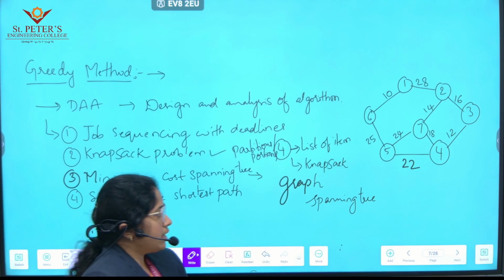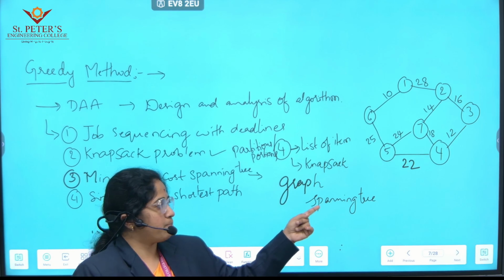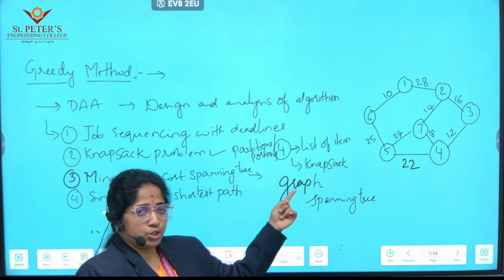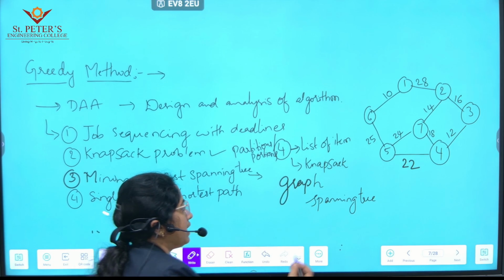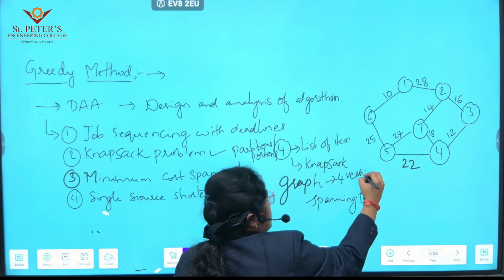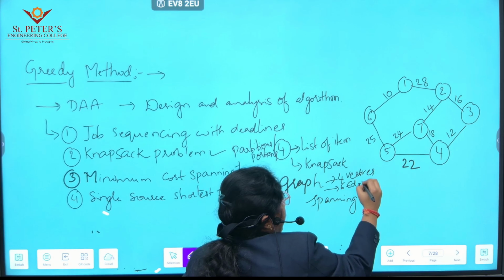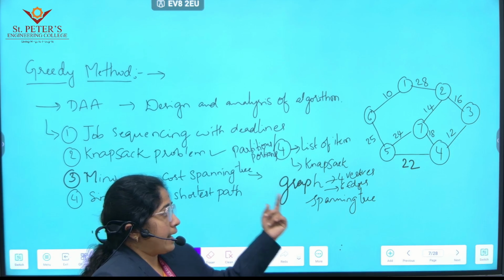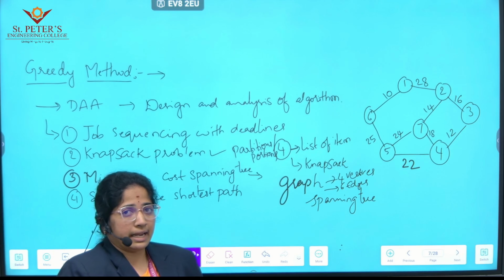For each original graph we are going to draw a spanning tree. For example, the graph consists of 4 vertices and 6 edges. Edges are nothing but the connections between those vertices, and we can have a directed graph or an undirected graph.